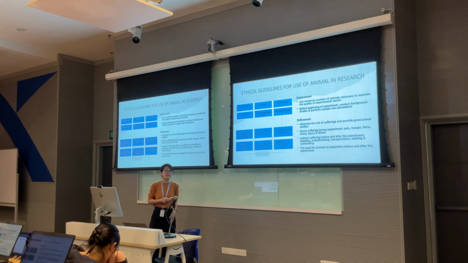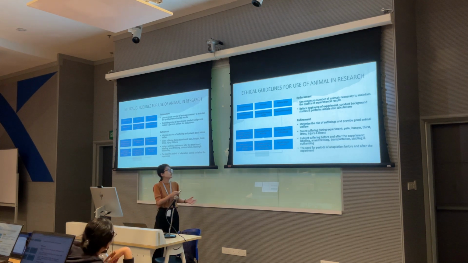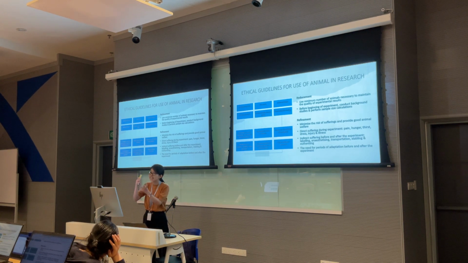Is that an ethical approach? No, right? You cannot let the tumor grow unlimitedly in the mice, although they are just animals. So you need to set a time point where, once the tumor grows beyond this size, you have to humanely sacrifice.